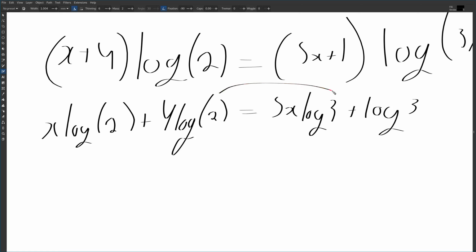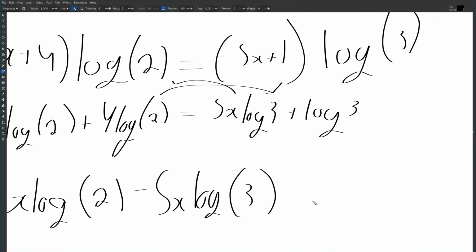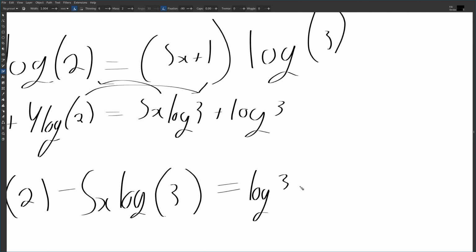So x log 2 minus 5x log 3 is equal to log 3 minus 4 log 2.